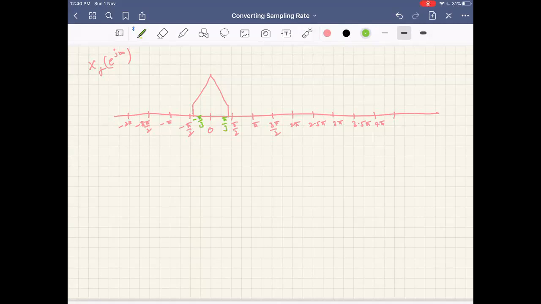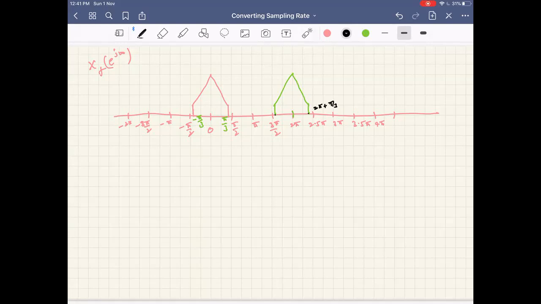And now around 2 pi, what happens? Same filtering will happen around 2 pi, and hence the spectrum will be from here to here. Its height is also same, so this is from 2 pi minus pi by 3 to 2 pi plus pi by 3.